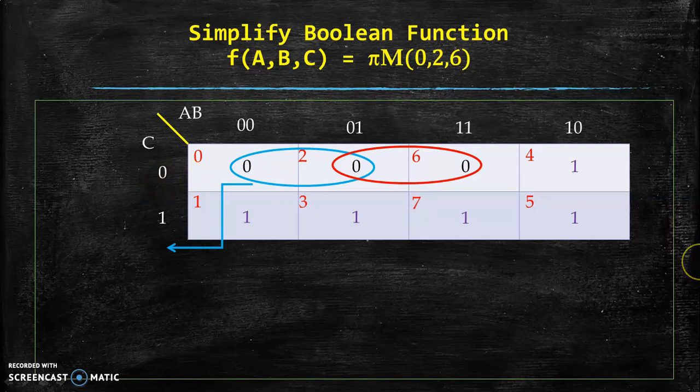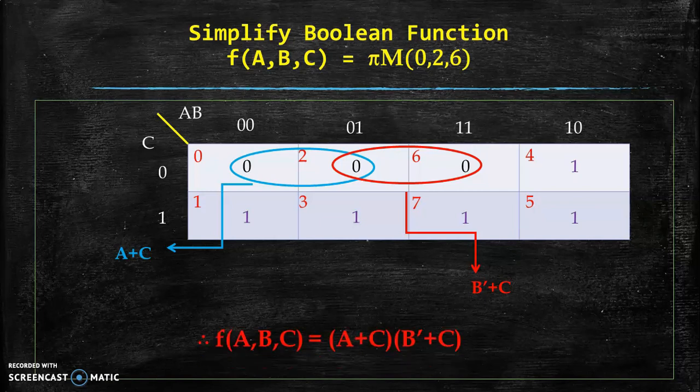So we can write the sum term as A plus C. Same way for the other horizontal pair we can write B bar plus C. A is eliminated. And the final simplified Boolean function can be written as f of ABC is equal to A plus C, dot, B bar plus C.